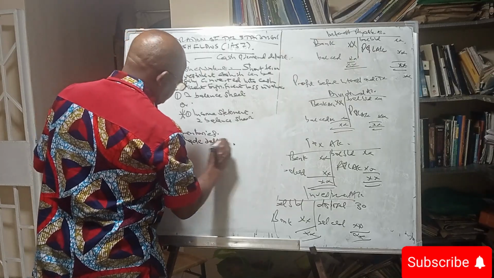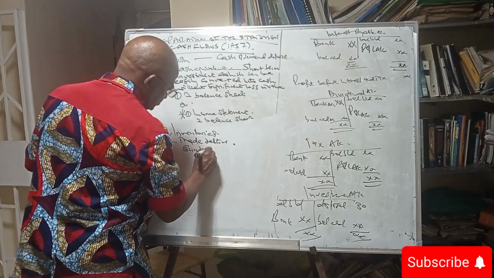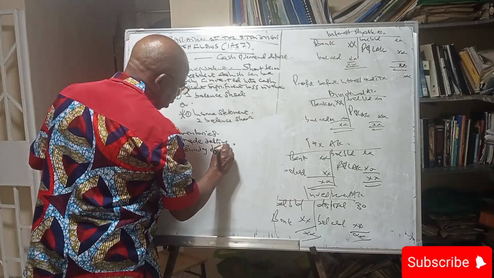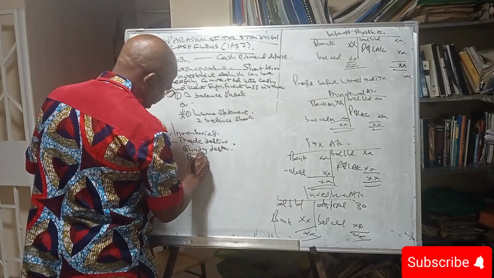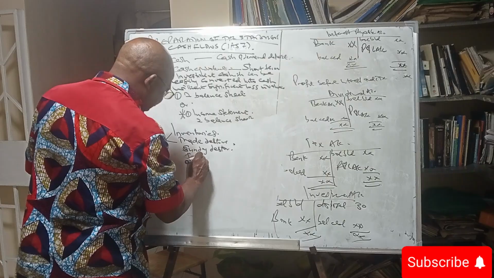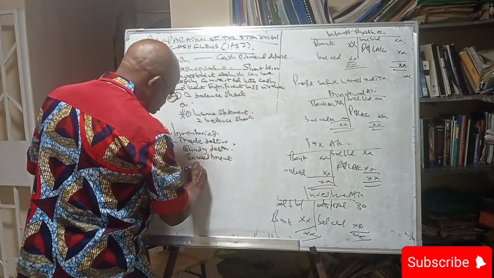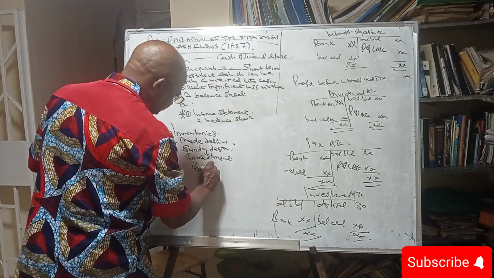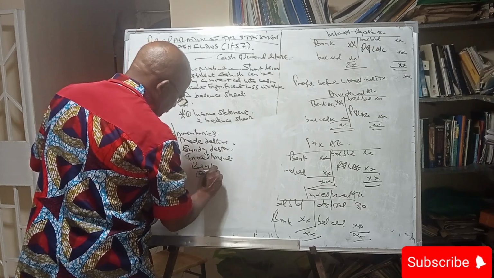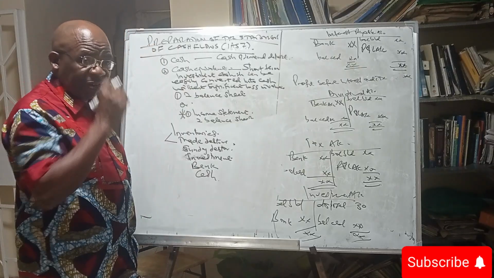They include sundry debtors. They include bank. Actually, they include, again, investment. And they include cash. Never forget this.